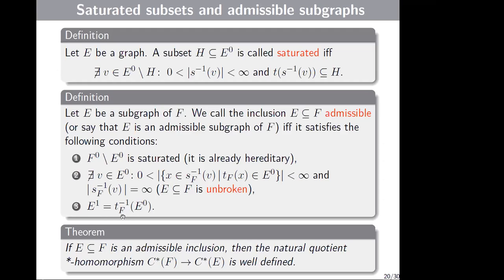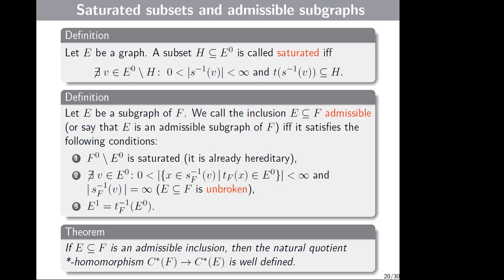If I would write E here, this would be a triviality, right? It's obvious that if I have a map from E1 to E0, then the pre-image of E0 is E1. That's trivial, this is no condition. The point is that here I have a letter F, and E1 is a subset of F1.